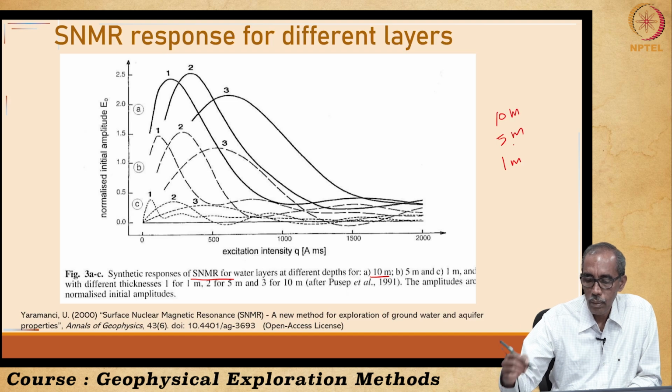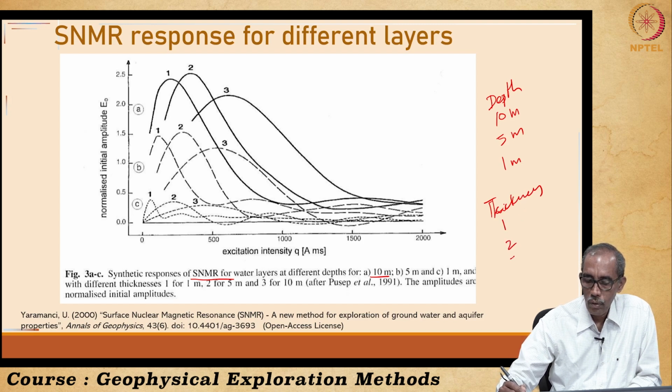These are all water bearing formations, and they have also considered different thicknesses. This is the depth, and then what is the thickness of the formation? Thickness of the formation was varied from 1 to 5 for a 1 meter layer. This is how they varied.